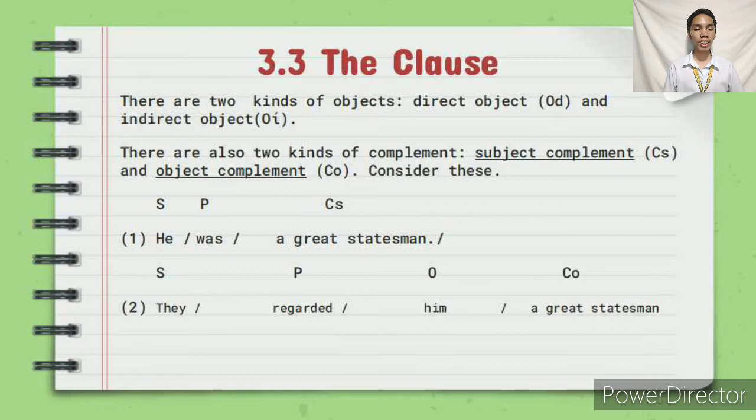Next, they regarded him a great statesman. They is our subject, regarded is our predicator, him is our object, and a great statesman is our object complement referring back to the object him.